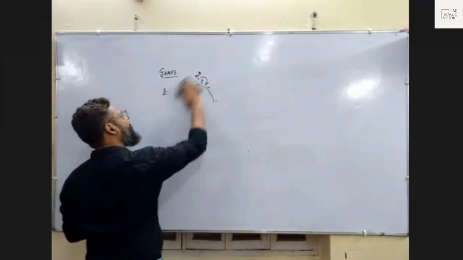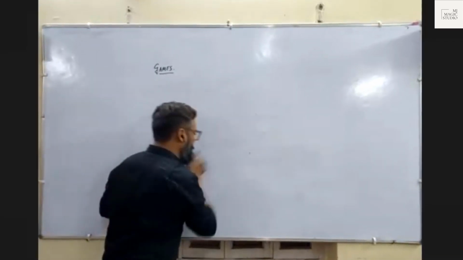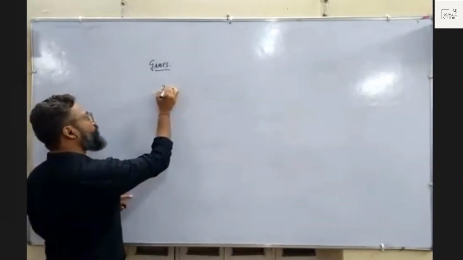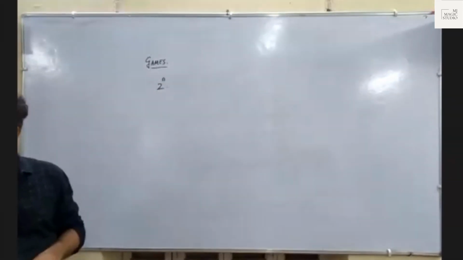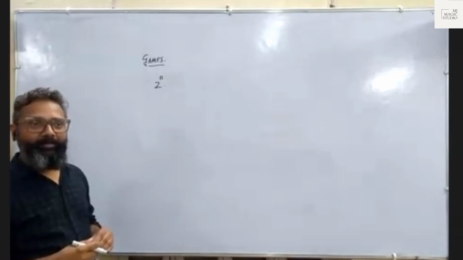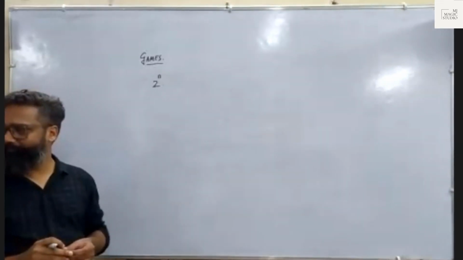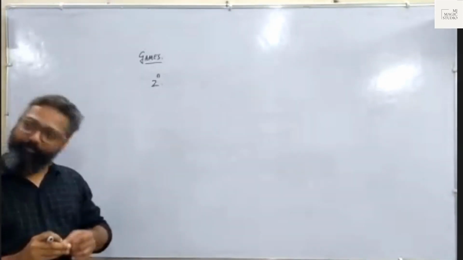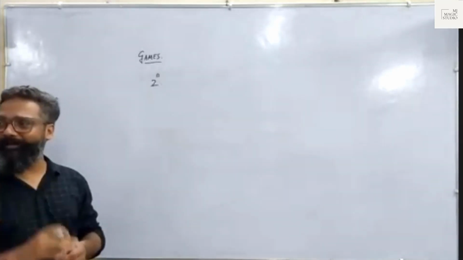If there are 2 to the power n people in the circle and number 1 is starting the game, then the survivor is number 1 itself.